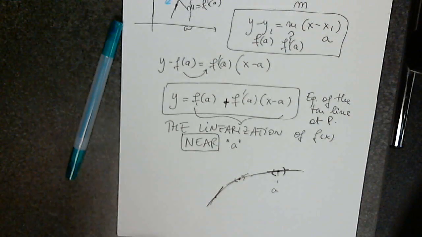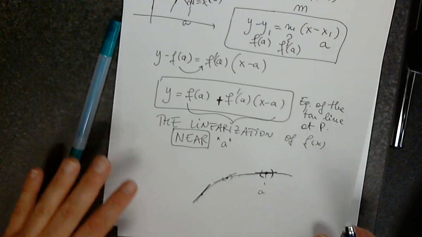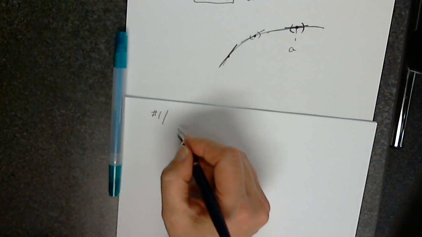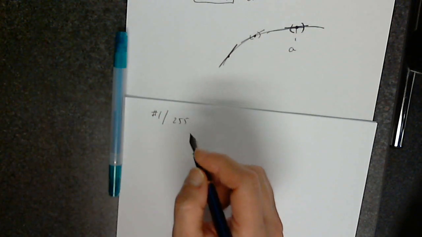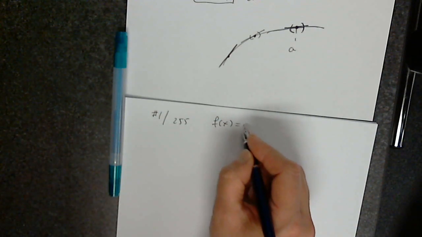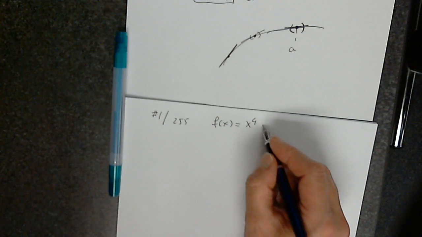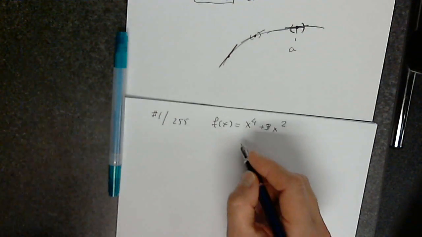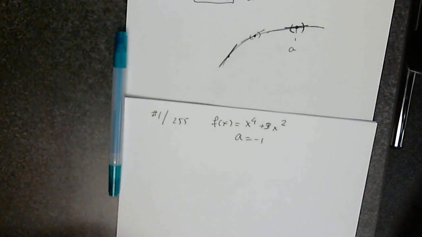On page 255, let's find the linearization. Problem 1 on page 255. We are given a function f of x equals x to the fourth plus 3x squared, and we are given a to be -1.